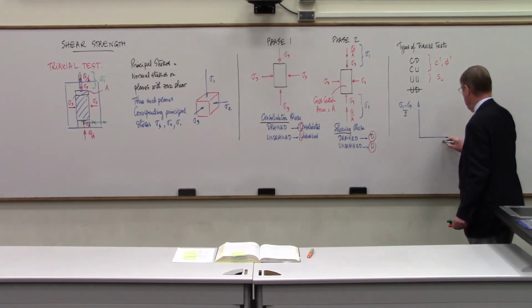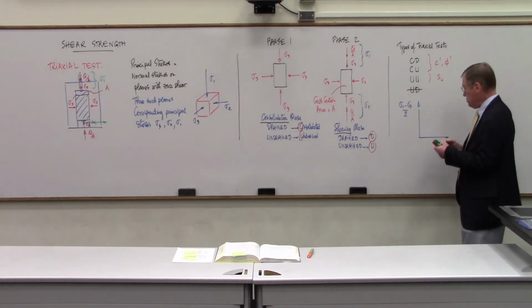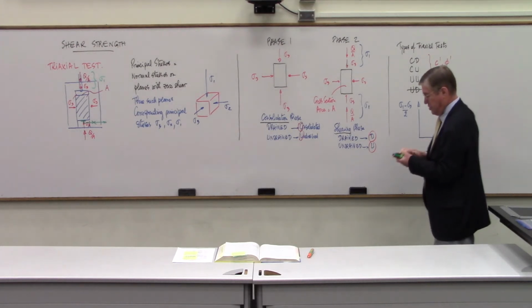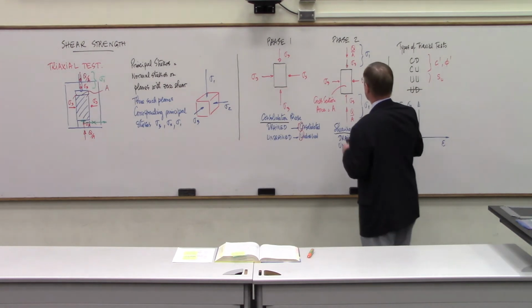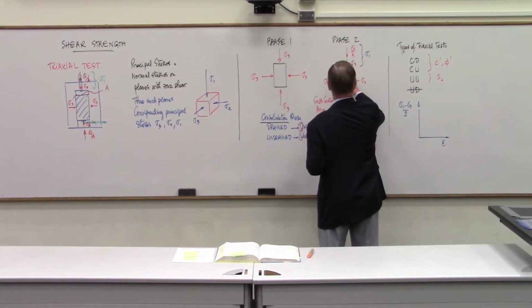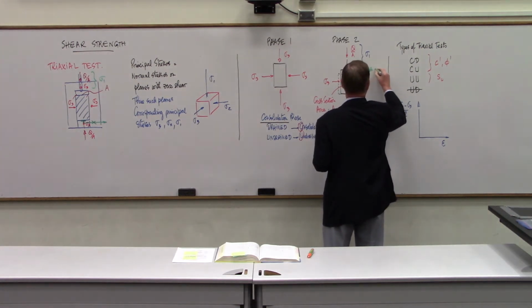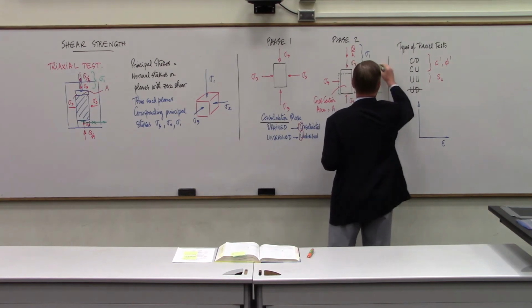And then here we put the vertical strain, because in the process of loading, the material is going to deform, and so under the load you have a compression here that's delta H, and you started with H0.